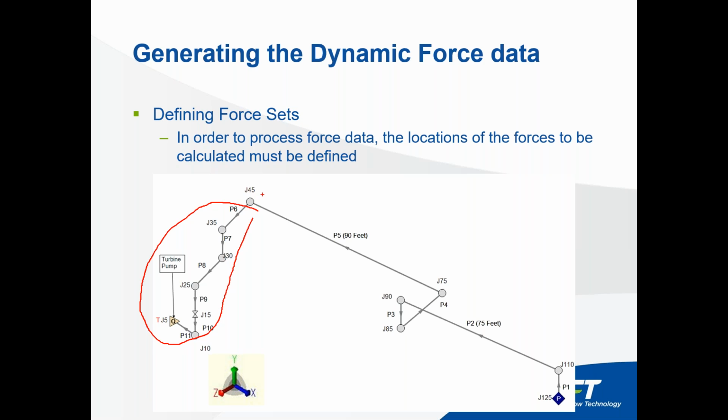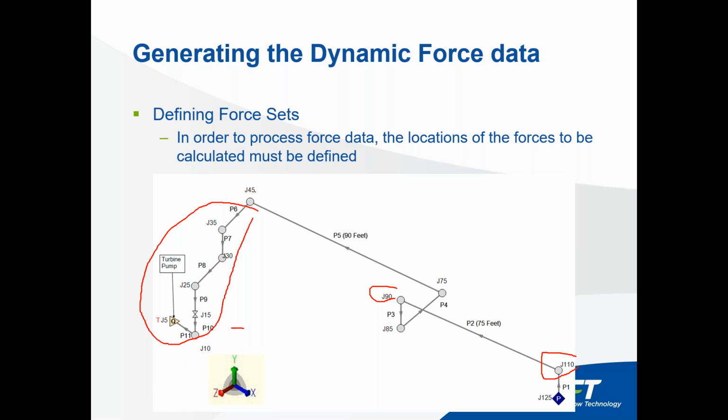In this case, we're going to create a force set from this part to here, that would be from node 45 to 75, which is pipe 5. It has 90 feet. Another one that we're going to analyze is this long pipe here from node 90 to 110. It's pipe 2, which has 75 feet of length.